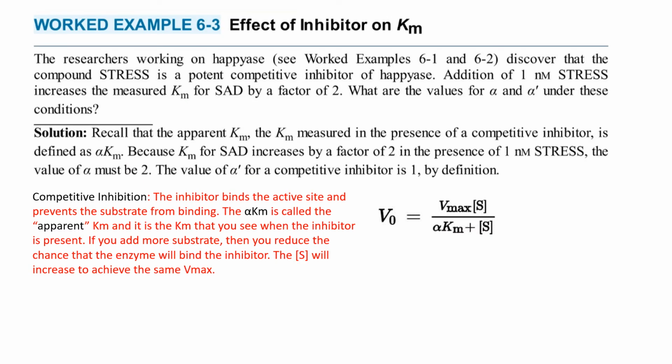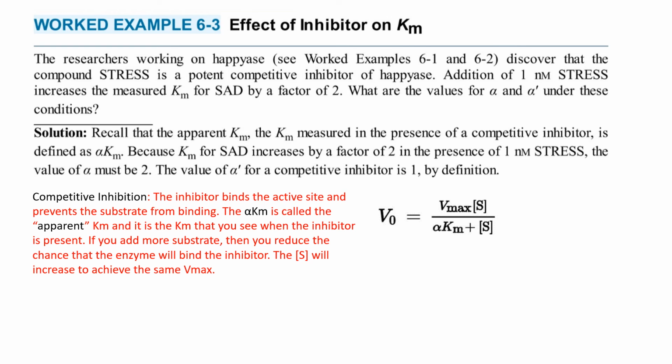Here's an example, 6-3. Effect of inhibitor on Km. The researchers working on happy ACE discover that the compound stress is a potent competitive inhibitor of happy ACE. Addition of 1 nanomolar of stress increases the measured Km for SAD by a factor of 2.